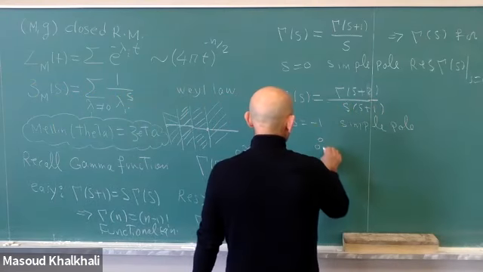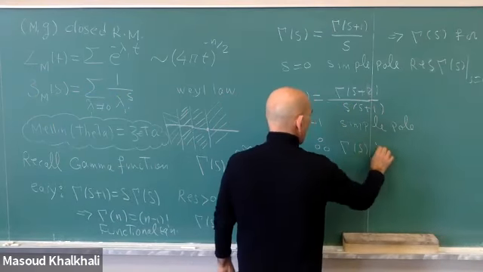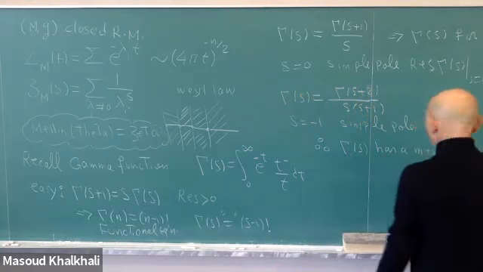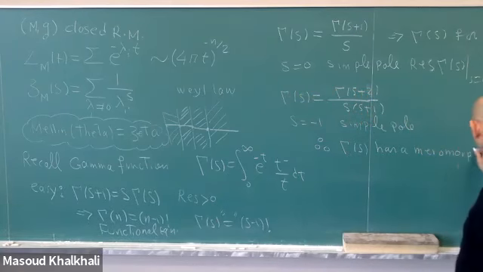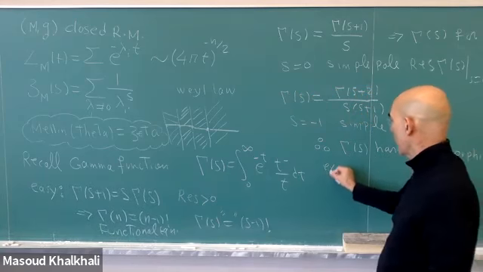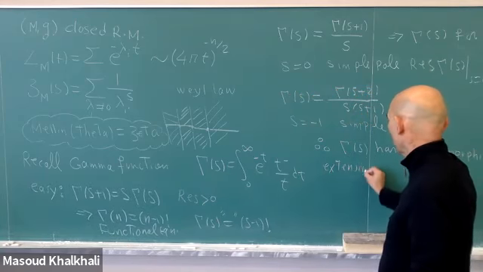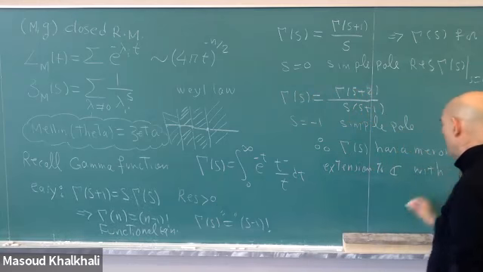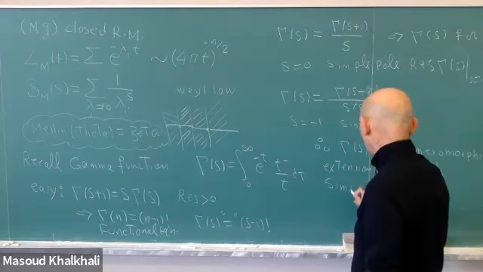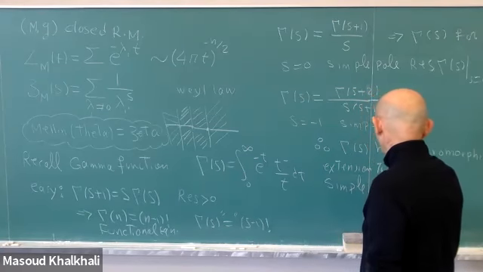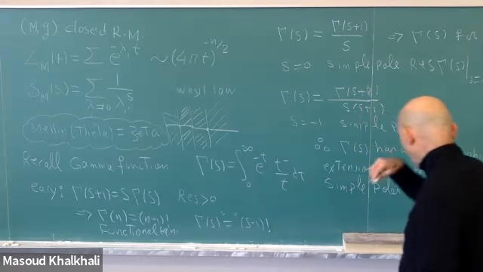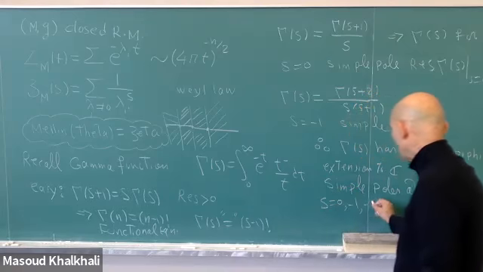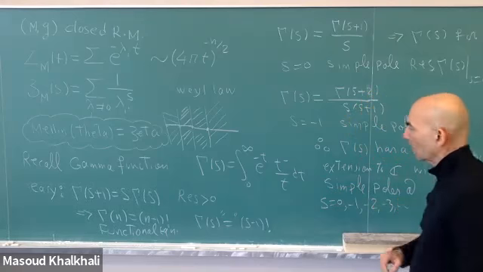So the upshot is that gamma of s has a meromorphic extension to C with simple poles at s equal to 0, minus 1, minus 2, minus 3, and so on.